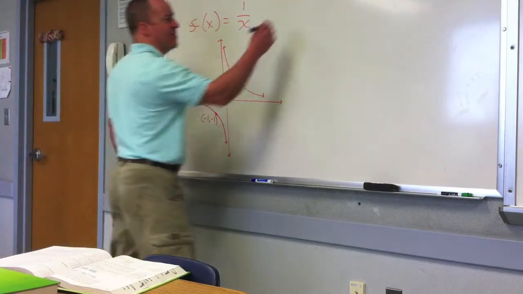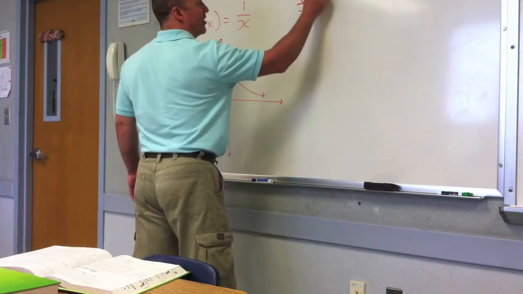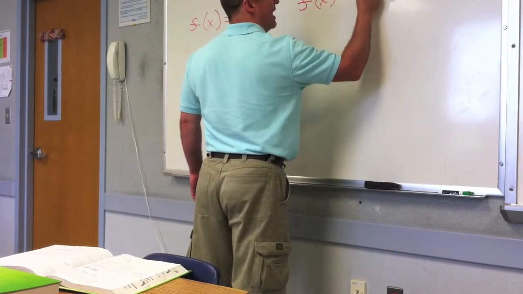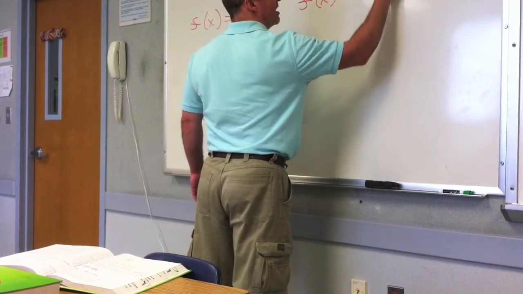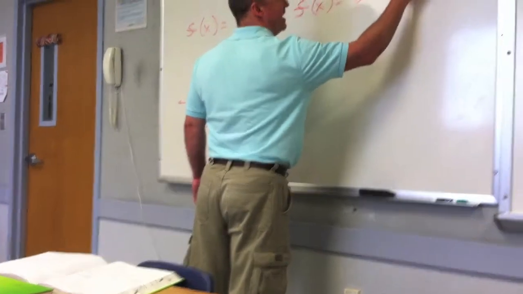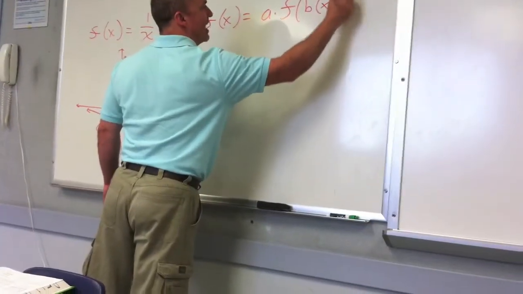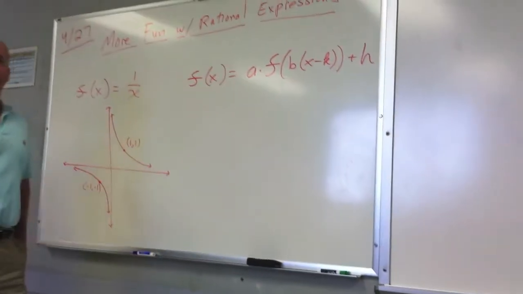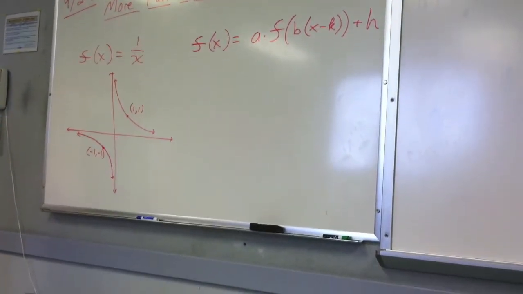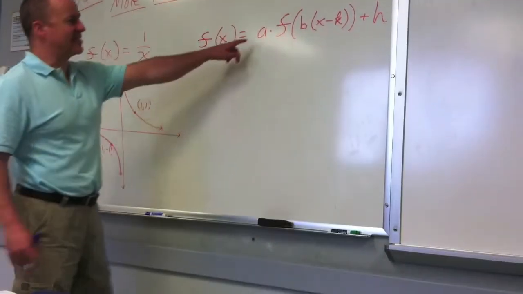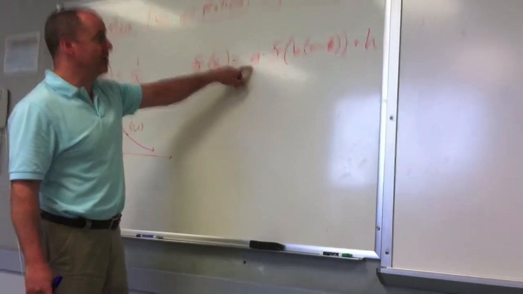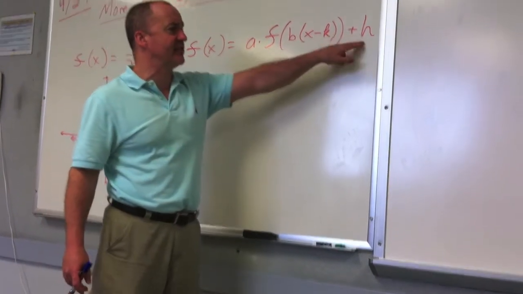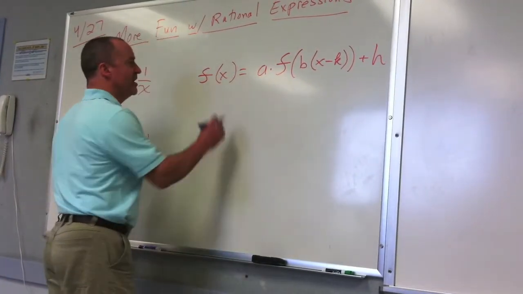Now, if you remember how functions work in general, with our f of x equals a times f of b x minus k plus h, with all of our things: a acts kind of like slope, but only once; b is what you divide all of the x's by; counterintuitive shifts left and right, and intuitive shifts up and down.